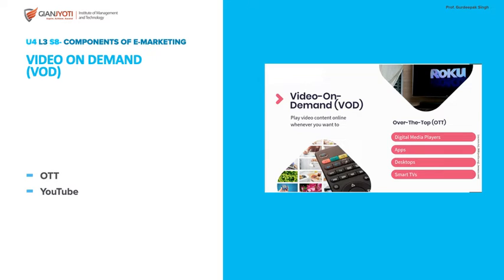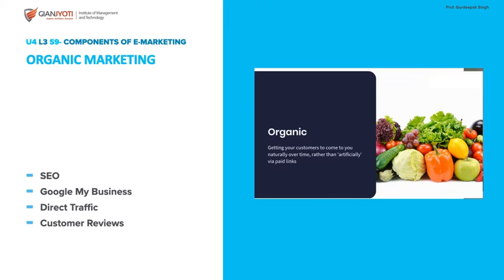There could be digital media players, apps, desktops, smart TVs. Digital media player Roku is one where you can show, because these days, because of the pandemic, people are using streaming services, OTT, over the top channels. So this is a good platform for advertisement.